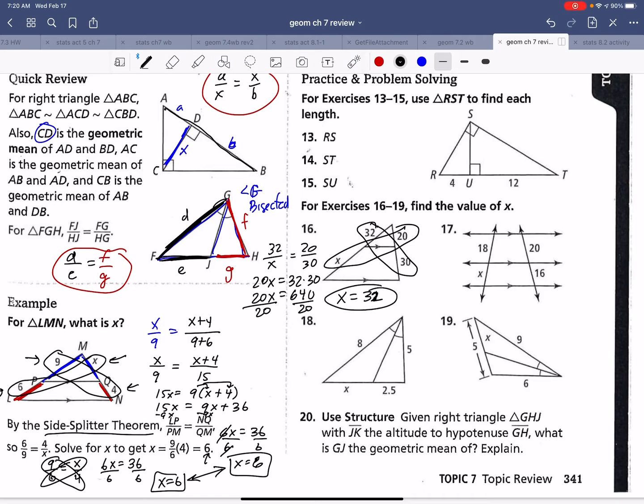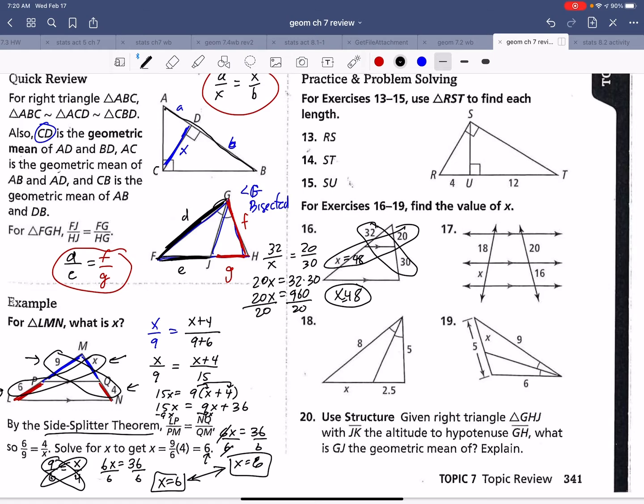Let me see if that makes sense. 32 times 30 is 960. And then divide by 20. I get 48.